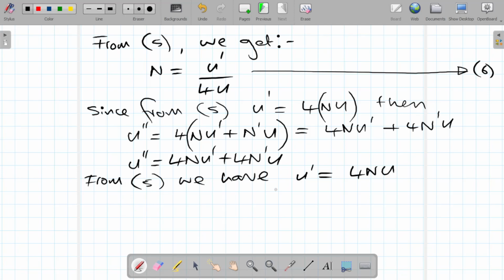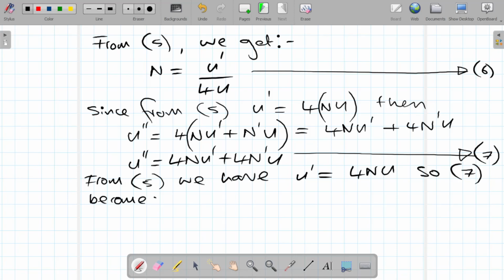So this equation, which we'll call equation 7, becomes u double prime equals 4n times 4nu plus 4n prime times u.